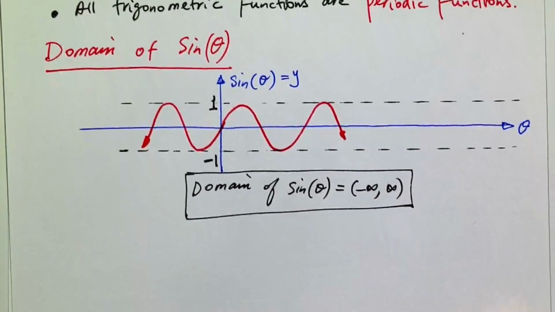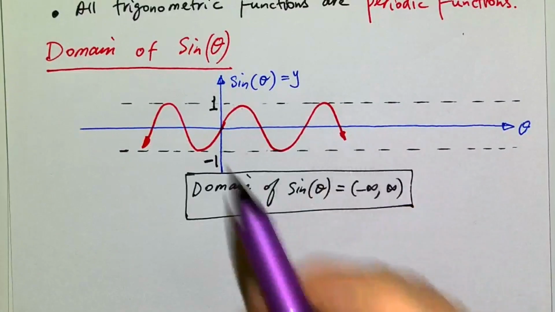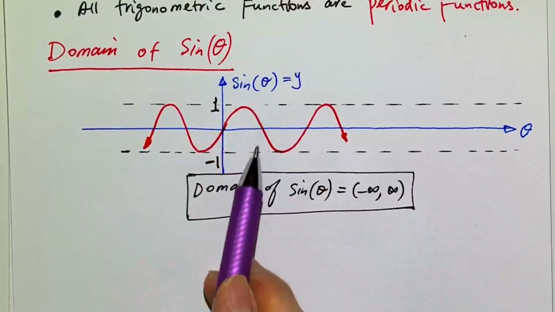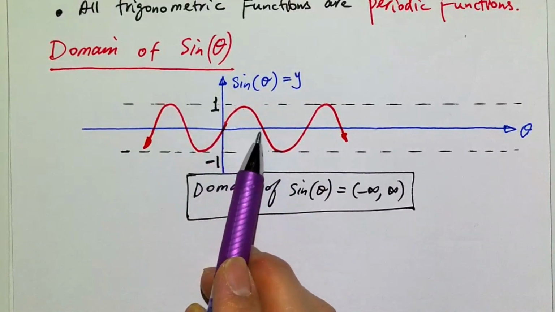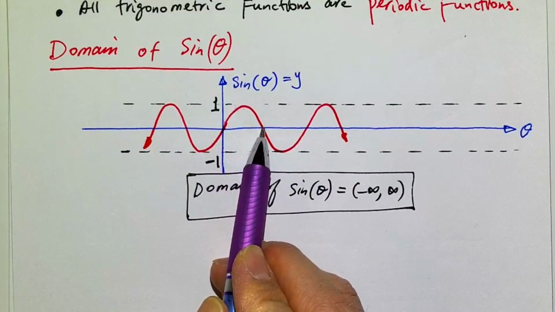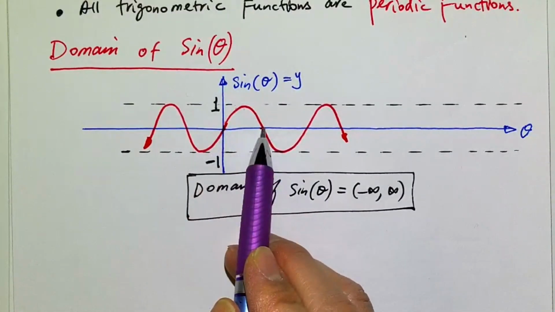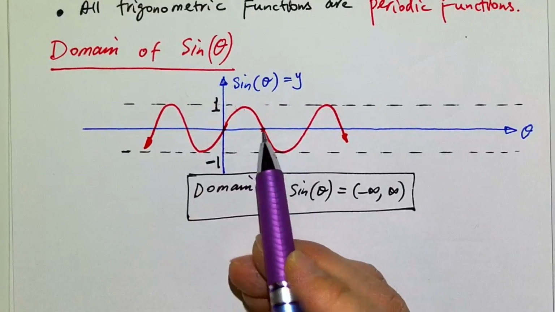The other important part of this graph is where the sine function is equal to 0, right? When it hits on that line, that's when the sine function is 0. The sine function is along the y-axis, and at that point, its value would be 0. So what is that point?